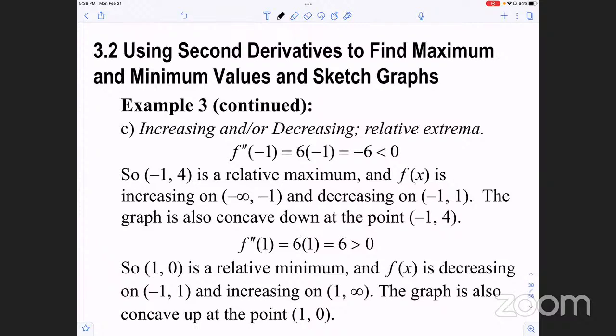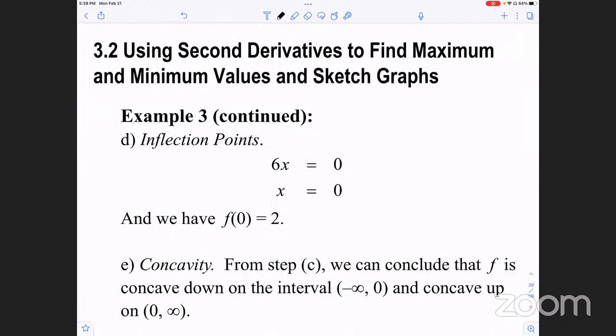They use the second derivative test to tell about relative extrema. Keep going. So then for the point of inflection, the second derivative is 0, we got x equals 0. So then the ordered pair was 0, 2.